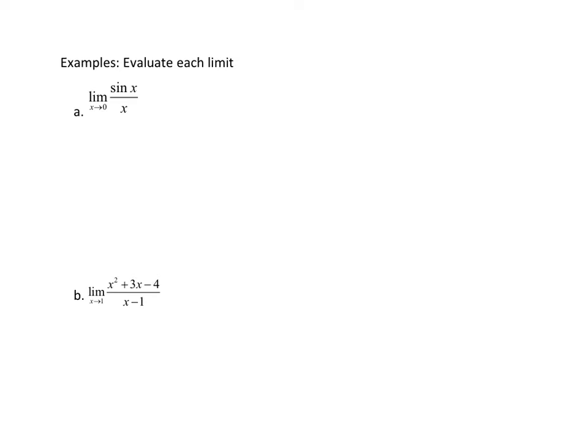So let's say I want to evaluate the limit as x approaches 0 of sine of x over x. Well, sine of 0, if we plug in 0 for x, is 0. So we get 0 over 0. In this case, we're going to use L'Hopital's rule. We take the derivative of the top divided by the derivative of the bottom.